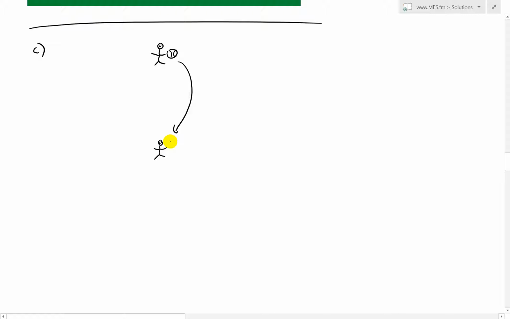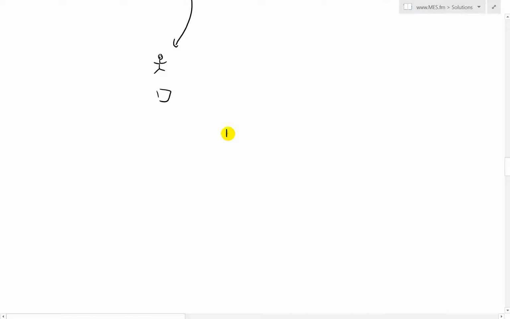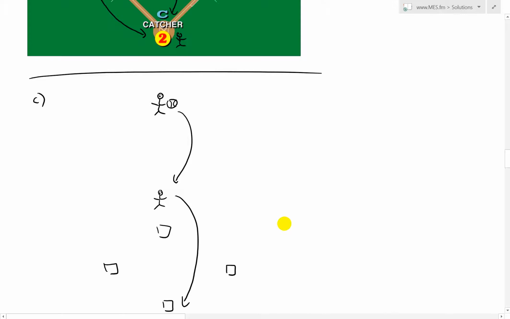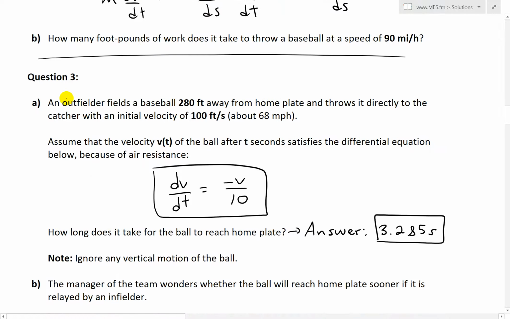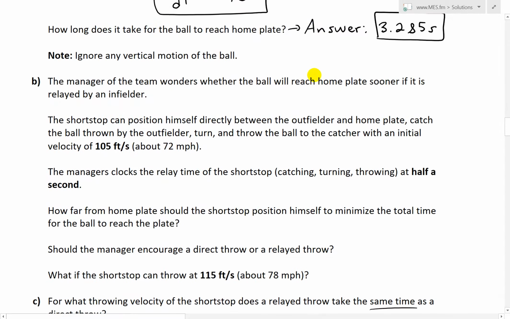The shortstop collects it, and I'll draw the bases here: second base, first base, and the third base right there, and the catcher is right here at home plate, and then this person relays it over here. Initially the velocity of this throw is V equal to 100 feet per second, or FPS for short. So the outfielder throws 100 feet per second.